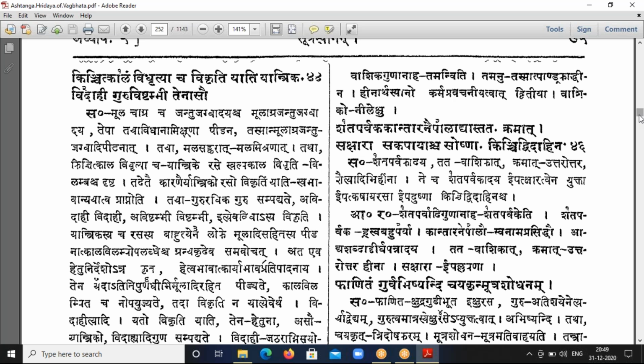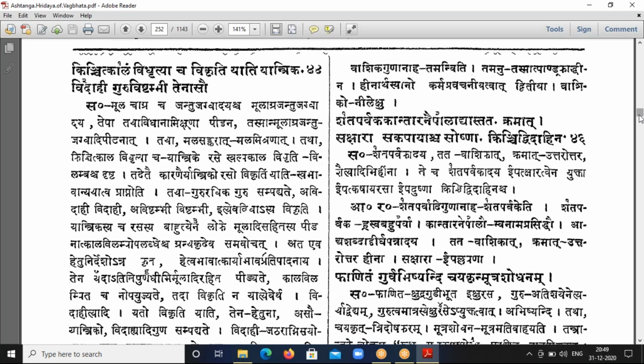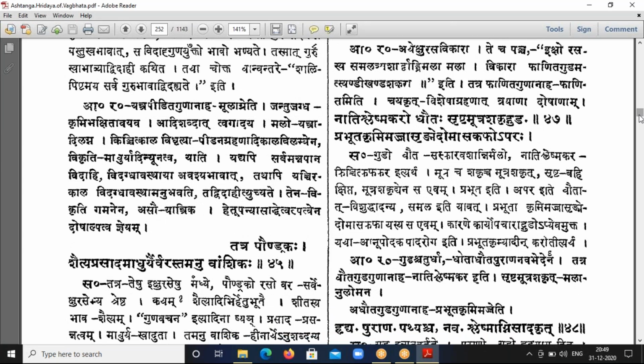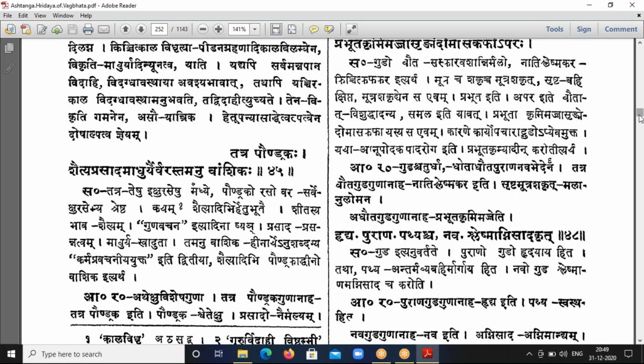Then back to Ashtanga Hridayam, we find some types of Ikshu explained. Tatra Paundrakaha shaityaprasada madhuryairvaraha. Varam Shreshtham.